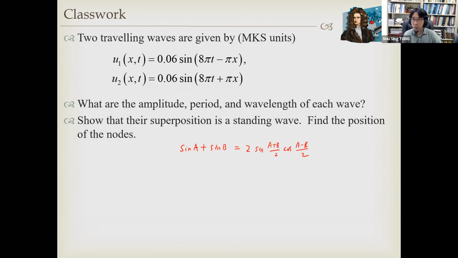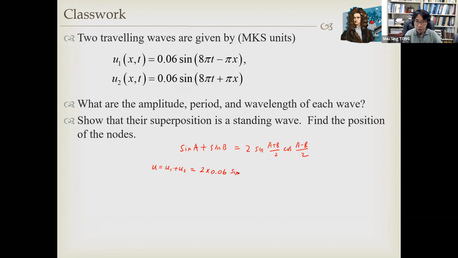So what is your answer? Has anybody got the answer? Now, it's not difficult. The resultant U is U1 plus U2, right? And because of this formula, we have 2 multiplied by 0.06, which is the amplitude.